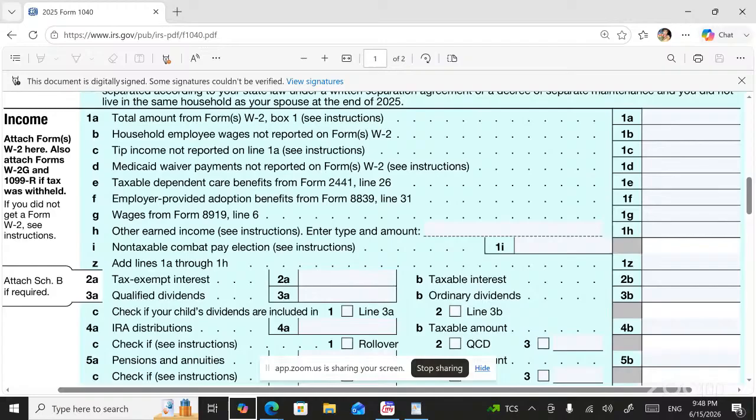When tip income is directly received by the employee, it would not be included in the W2 form. Then the employee is responsible for including it at the time of filing his return under the head of 1C separately.